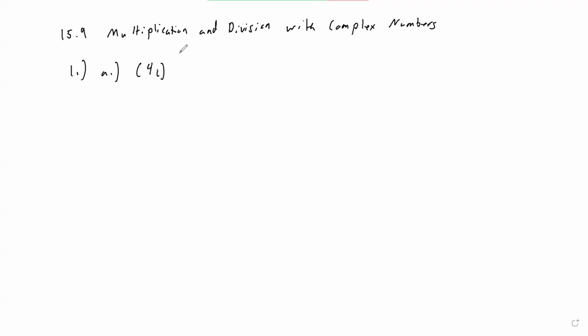So number one, question A, 1A, we're going to look at 4i times 1 minus 7i. And then that's all you're basically going to be doing is multiplying.